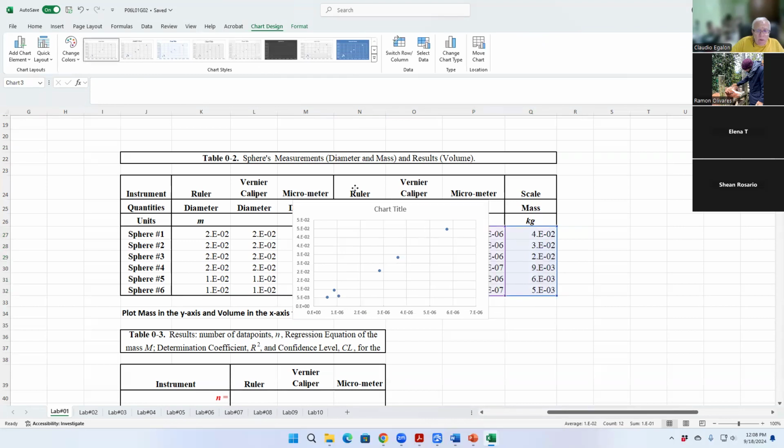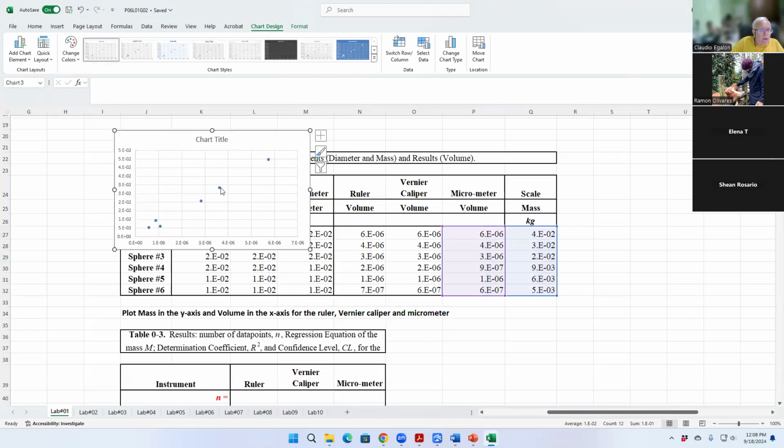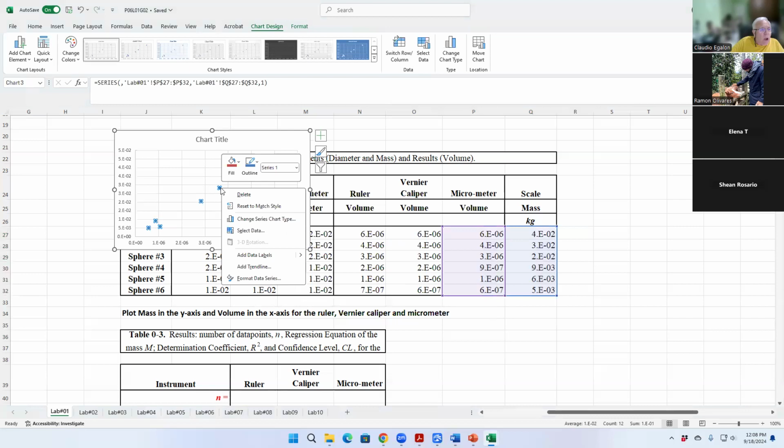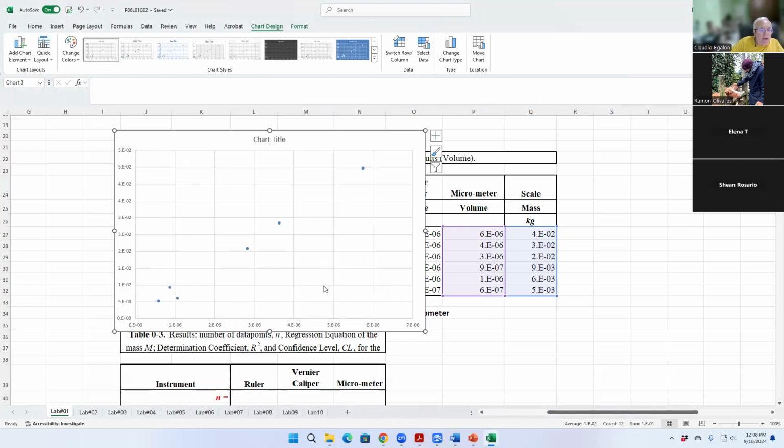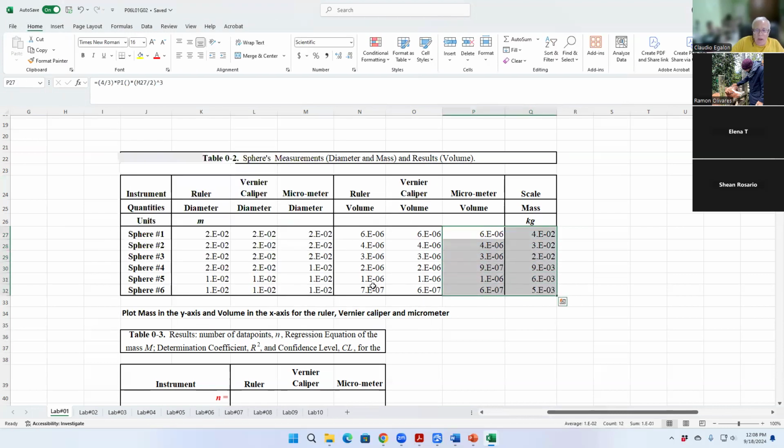Here you go. I'm doing it with the micrometer, right? Now, do you see that? That's a nice trick. First you highlight for the micrometer, which is the easiest one.